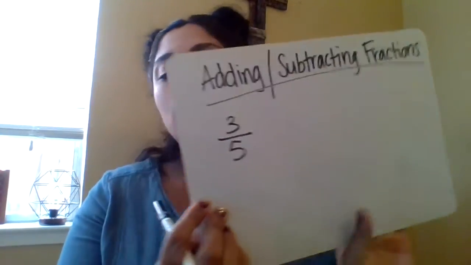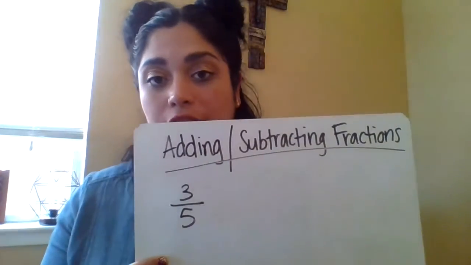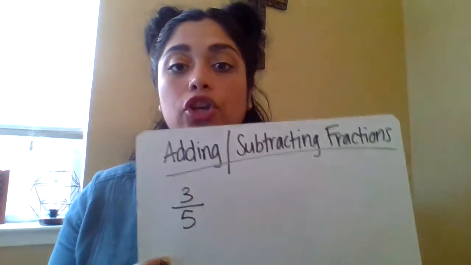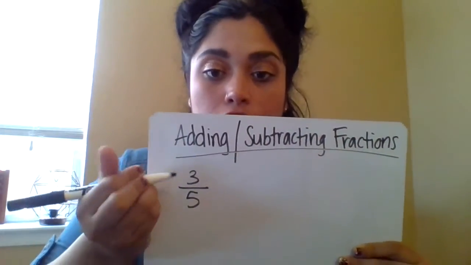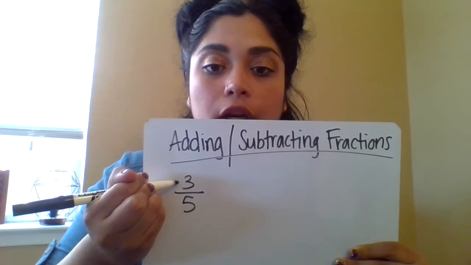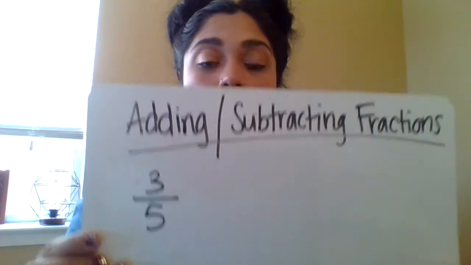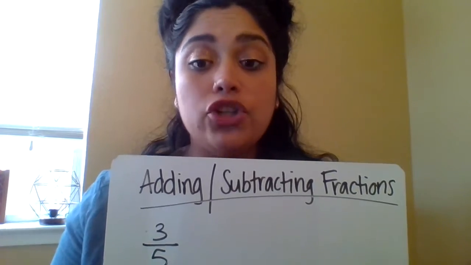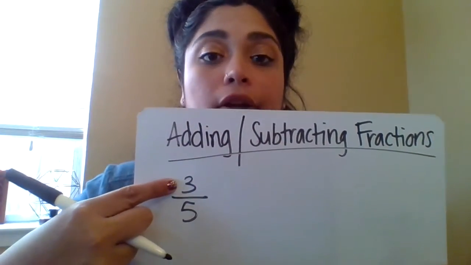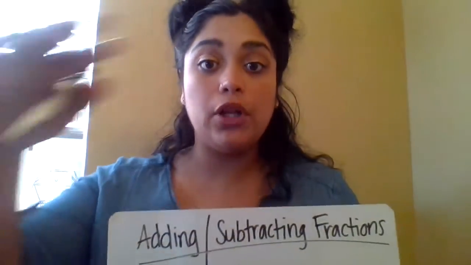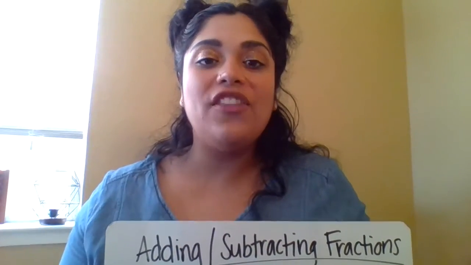And when you're adding and subtracting fractions, the first thing is to make sure that your denominators are the same. So your top number here, which is 3, is your numerator. That's your top number. So 3 is our numerator. And our bottom numbers, which is below the fraction bar, are called the denominators.